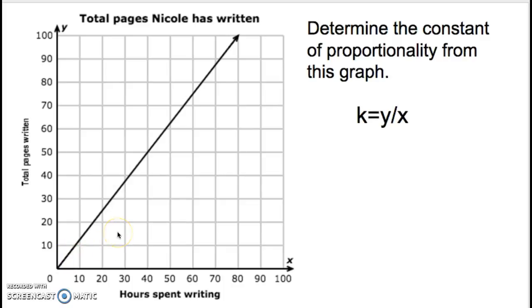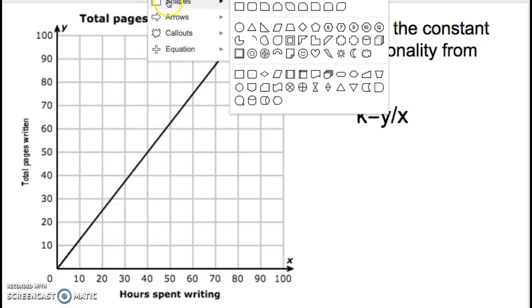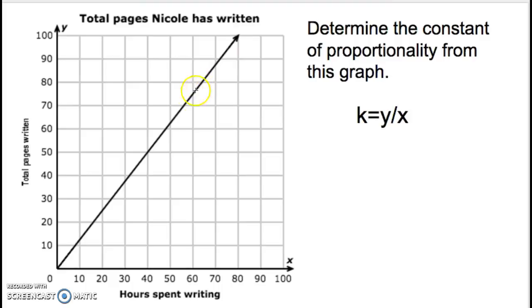And I want to find one of those magic corners where the line goes through evenly. So I'm looking at the graph and I see that this isn't quite through a corner. This is not through a corner, but I have a corner right here. This point right here goes through a perfect corner.